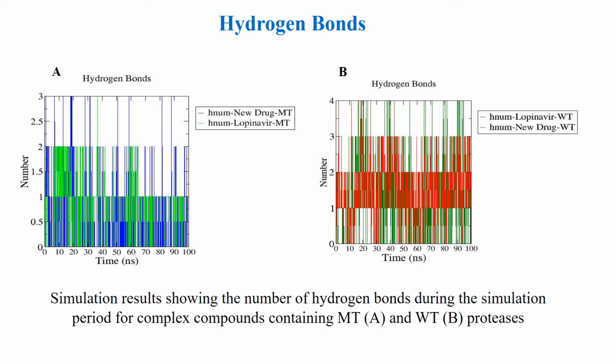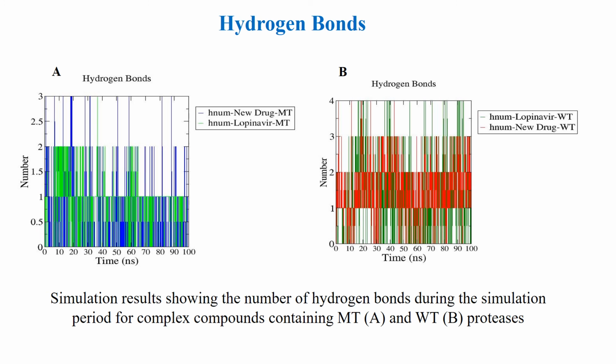Here we come to the number of hydrogen bonds. As we already know, hydrogen bonds play an important role in the stability of the complex compound. So here we have the simulation results showing the number of hydrogen bonds during the simulation period of complex compounds containing mutant type and wild type. Here we have only the complex compounds.